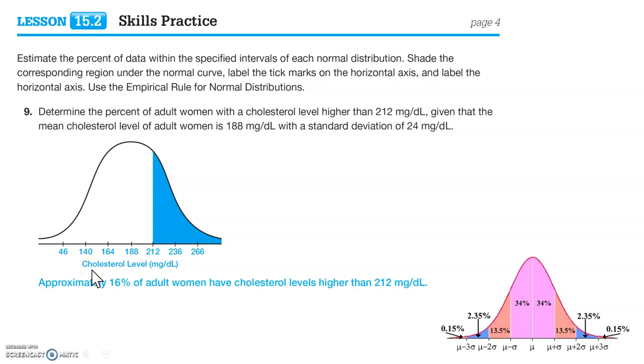But then it tells you to determine the percent of adult women with a cholesterol level higher than 212. So this is key right here. Higher than 212. I need to locate first of all where 212 is. 212 is here, and it says higher.